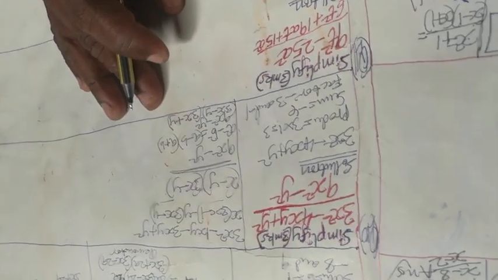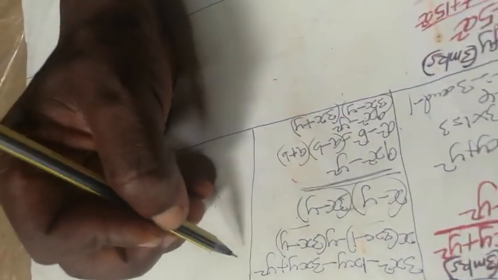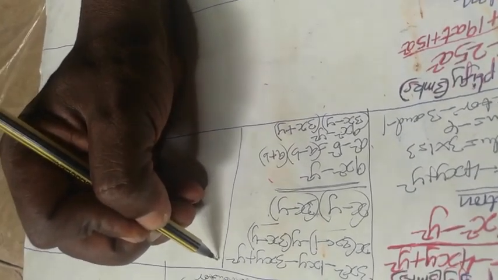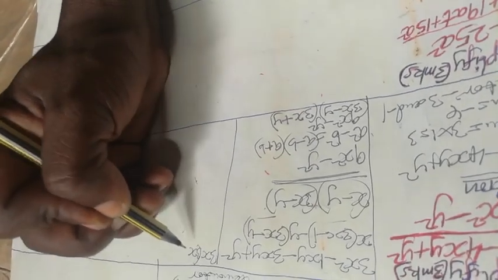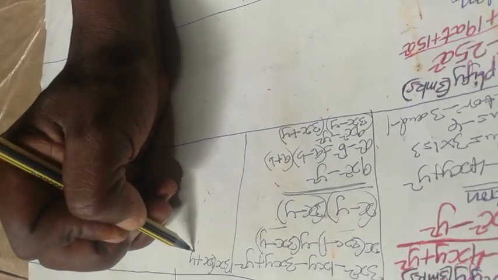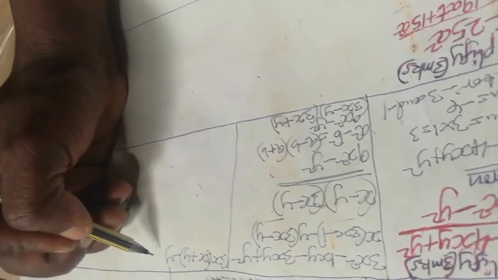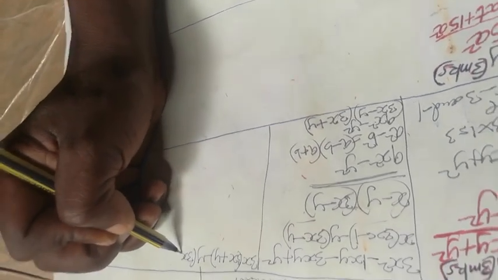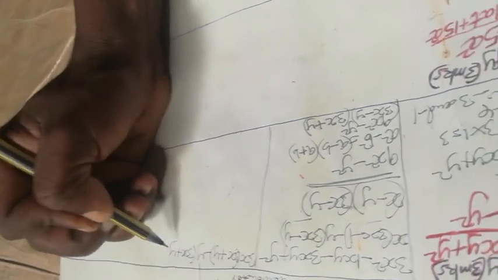By expanding this, it will give us 3x into brackets 3x plus y, minus y into brackets 3x plus y.